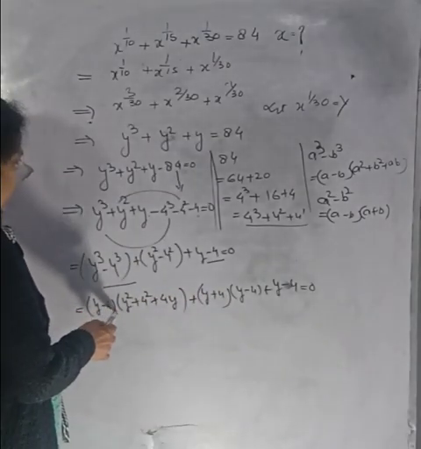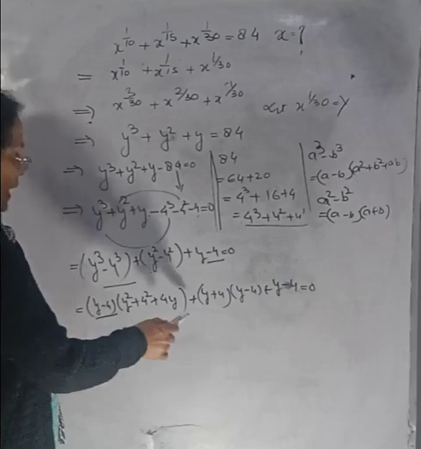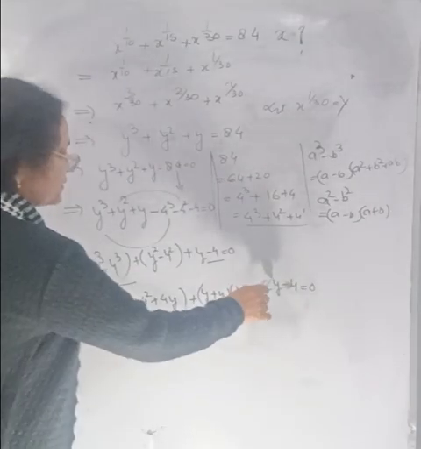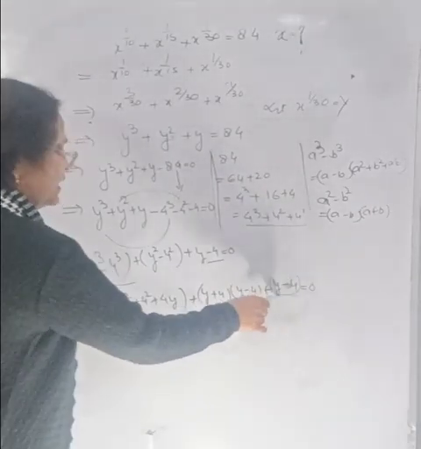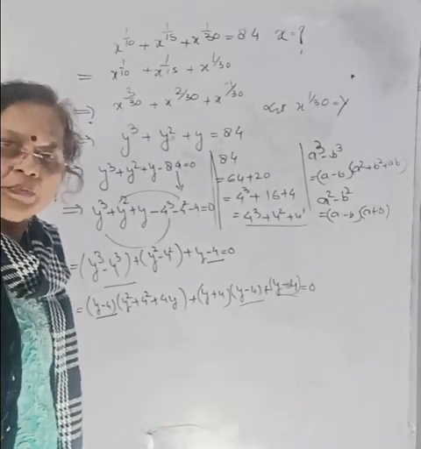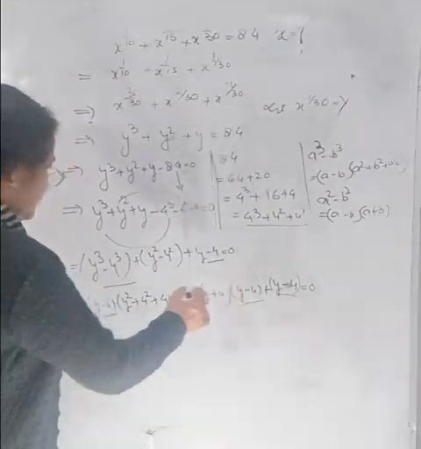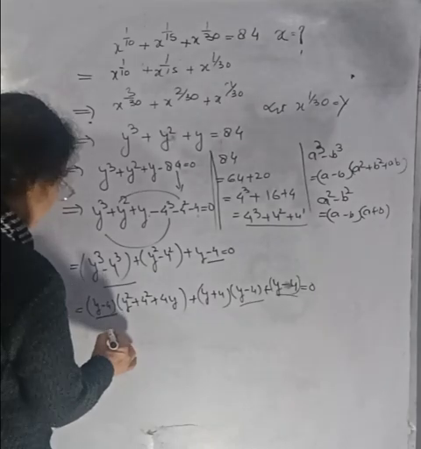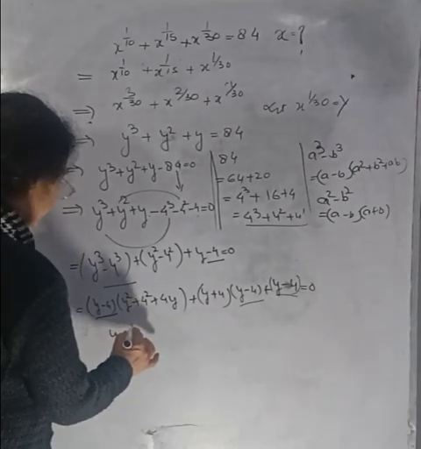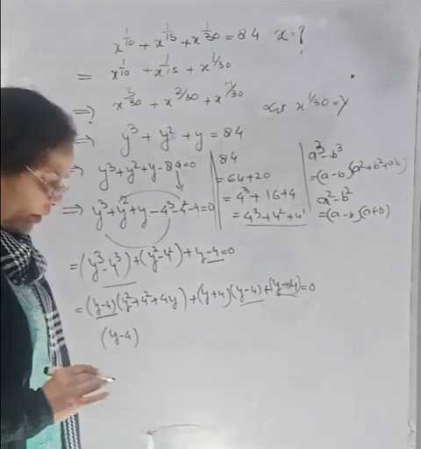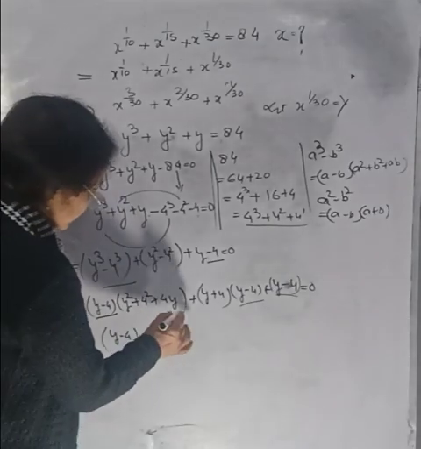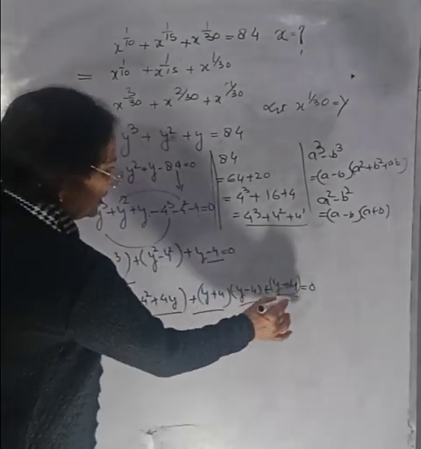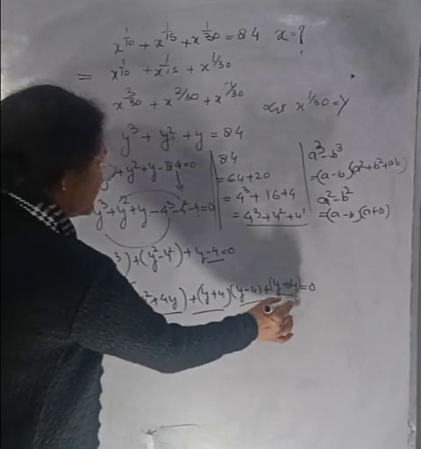Now this is y minus 4, and this is also y minus 4, and this is also y minus 4. We take y minus 4 as a common factor. Now this will remain here, this will remain here, and this will be 1.